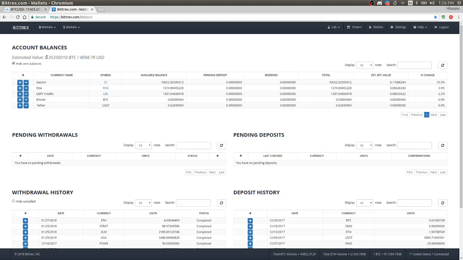But this value is very volatile, because if BTC goes down from, let's say, 19k to 10k, if you had 1 BTC right now here, and Bitcoin drops 50%, guess what?